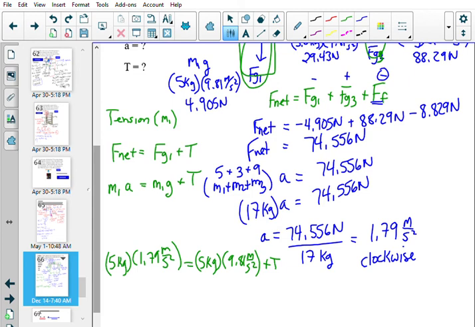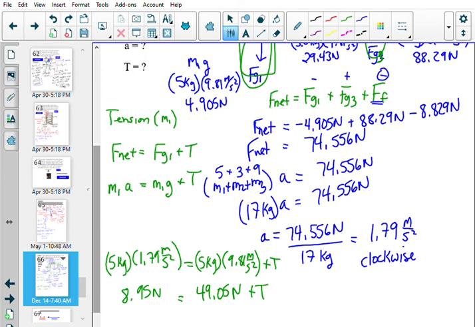So when I take 5 times 1.79, this gives 8.95 newtons. 5 times 9.81 is 49.05 newtons, and tension. But I've ignored my direction.